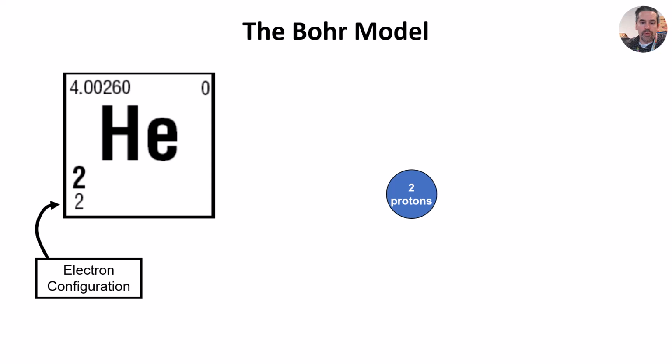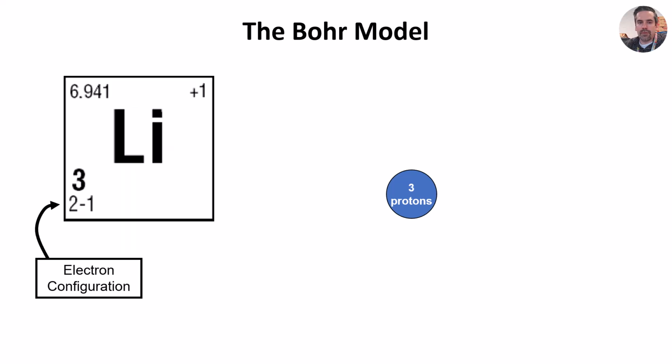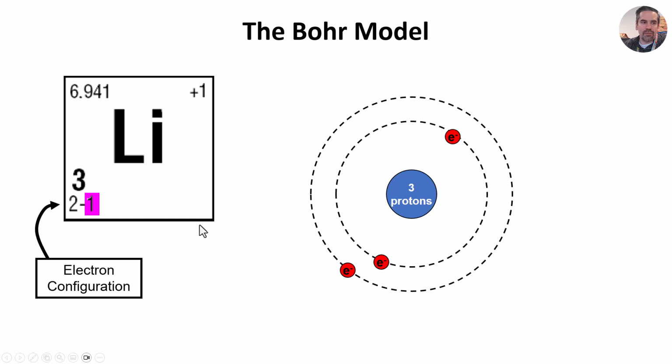It's got 2 protons, and it's got 2 electrons. The protons go in the middle, and the electrons go on the outside. Lithium is a little different, so it's got 2. You can see the 2 that are going around it, but we're going to add a second ring for this third electron. It looks like this.